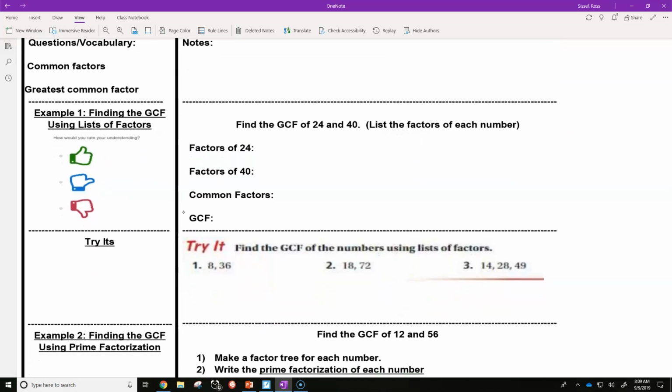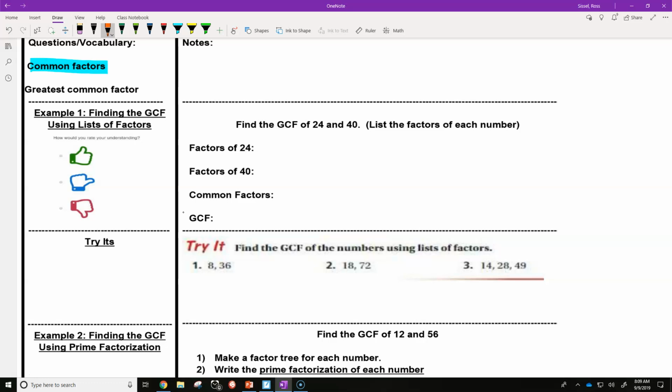Alright. Common factors. Tristan, is that you that told me what they were? Okay, what are common factors again? I didn't say common factors. Oh, you told me factors, right? Okay, so what are factors?